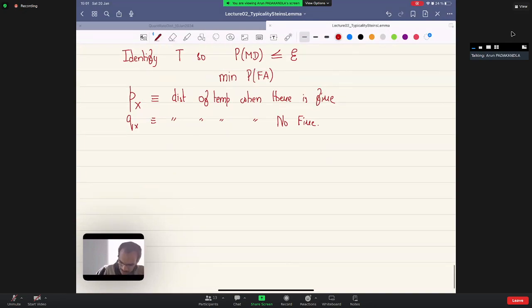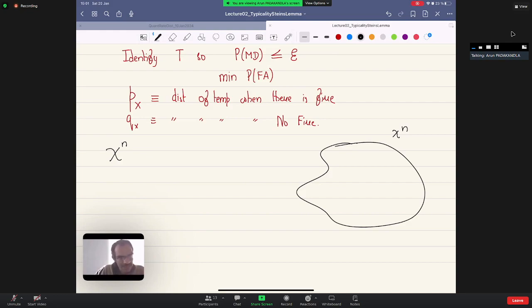So what do you want to do? You have the set of all observations. Xn is the set of all observations: you're observing a sequence of temperatures. There'll be a time when something happens and then you want to tell, right? So I have my Xn, and I want to partition it into two sets, with a threshold.